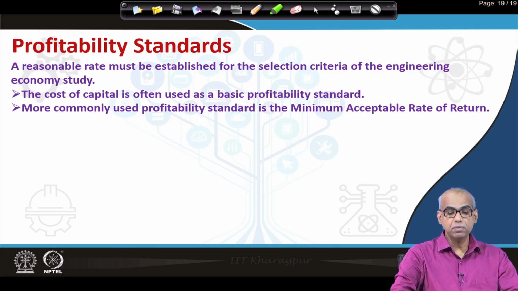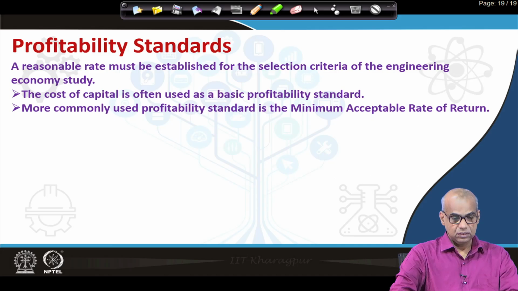So, to evaluate profitability, we must establish a certain reasonable rate as a standard, against which we will perform the economic evaluation of a given business proposal. Generally, two types of profitability standards are more commonly used.